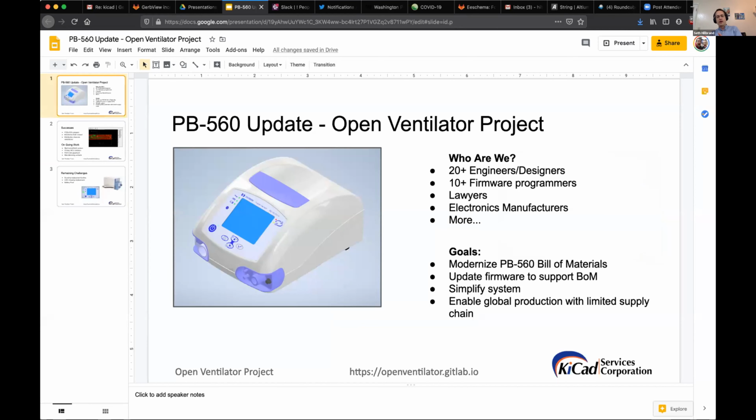So we are an open ventilator project. We formed after the PB560 release. We are a group of approximately 70 or so individuals, mostly engineers and designers, firmware programmers, with an odd smattering of lawyers and electronics manufacturers. We're focusing on updating this PB560 design.